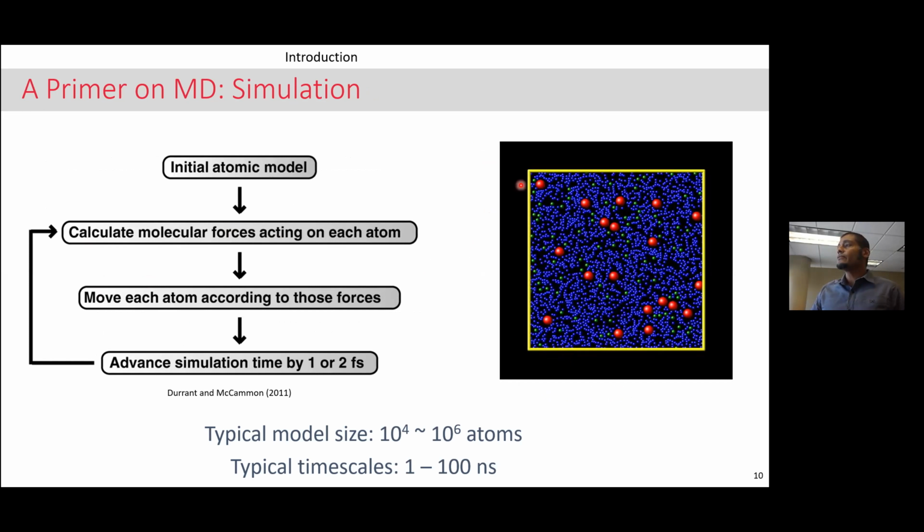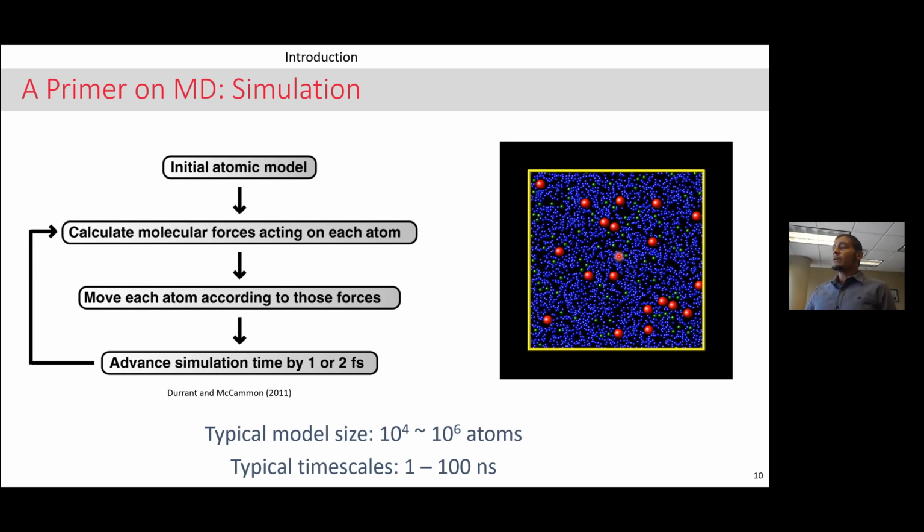I'd like for you folks to imagine a box that contains atoms of various sizes and different types. You have some red atoms, some green atoms, and some blue atoms over here. Now, of course, we all know from high school chemistry that there are going to be some forces associated with these atoms. They can be atoms or they can be molecules. It's either van der Waals forces or Coulombic forces.